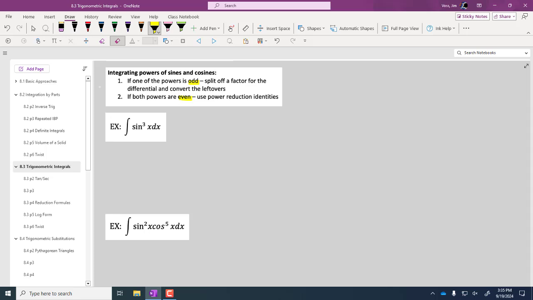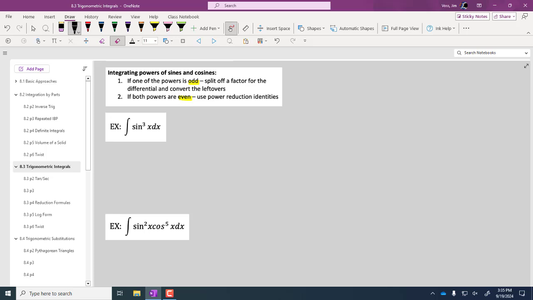So, when the power is odd, we are going to split off a factor for the differential and convert the leftovers. Okay, so we've got a power of 3. We're going to pull one power off and put it over with the differential, and whatever we've left behind, what I call the leftovers.